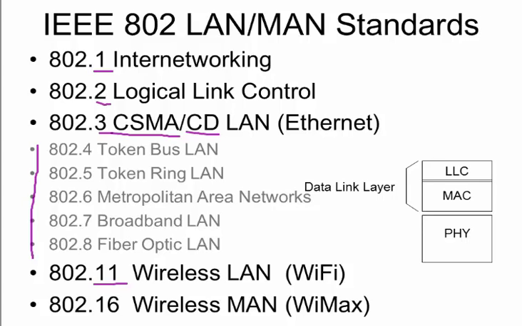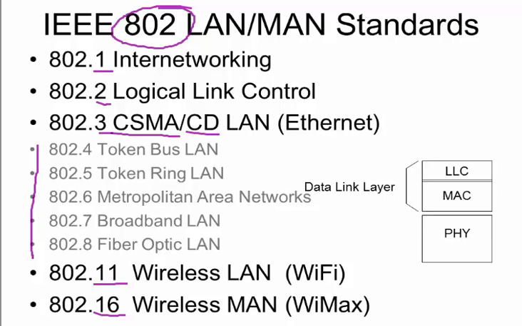And 802.11 is for your wireless, so Wi-Fi that we use out there today. And 802.16 is sort of your WiMAX standard. This is your metropolitan point-to-point high-speed radio links. So again, the thing with networking, if you're looking for the networking standards, they're all probably likely to be under the 802 space. They'll be 802 something. So if you want to get into the details, then that's where you go hunting.